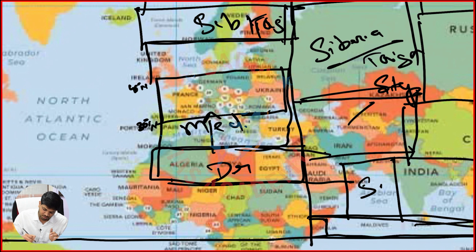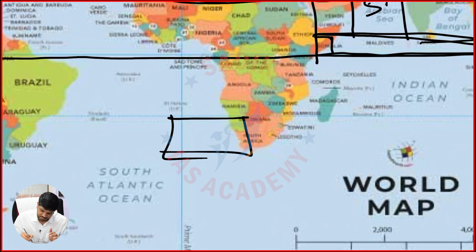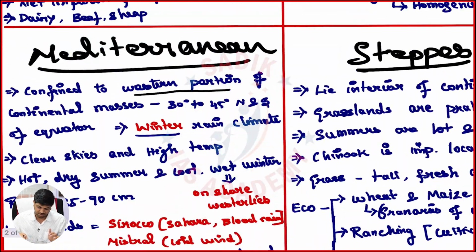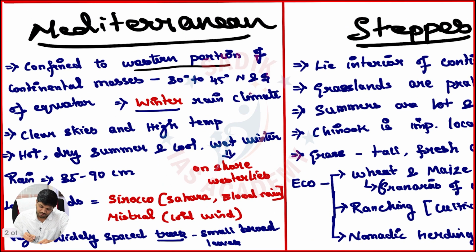This is both north, and here also in 30 to 45 degrees south, the Mediterranean climate is confined to this. Okay, and here there is winter rain.